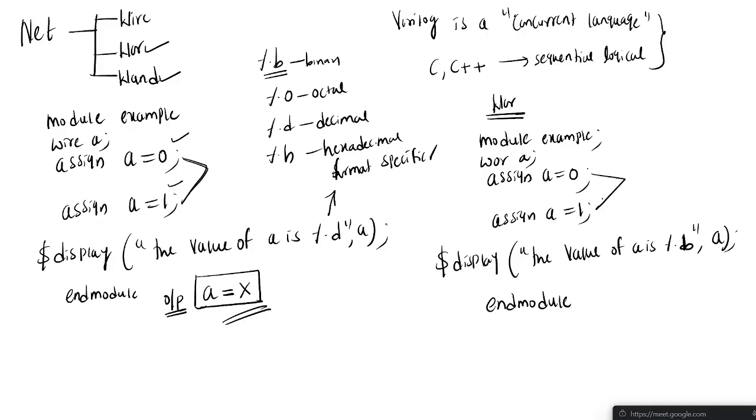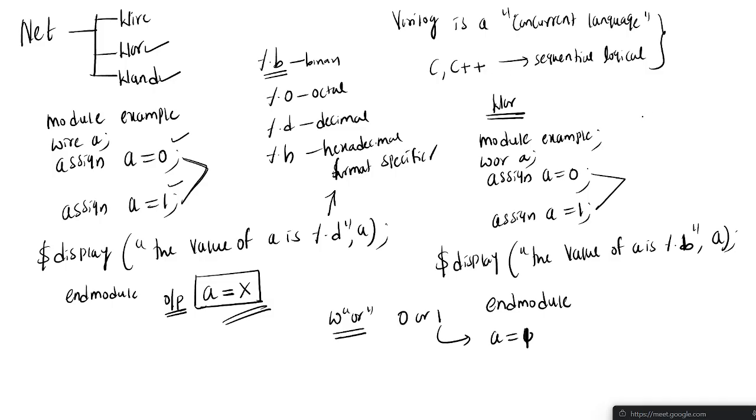Both will be executed, but I declared it with WOR. WOR means what? OR operation. That means 0 OR 1. So here a equals 1. A will get 1.